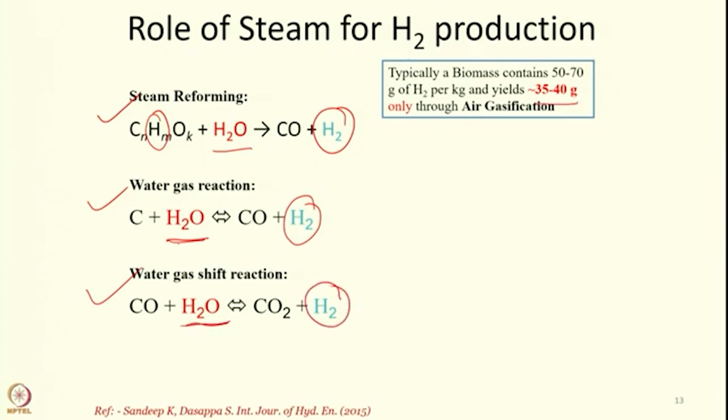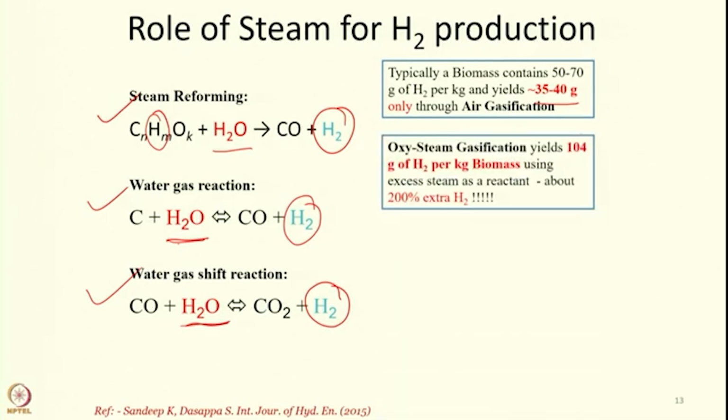Typical biomass air gasification is limited to 35 to 40 grams; here we can enhance it to more than 100 grams of hydrogen per kg of biomass, almost 200% extra steam. This is the beauty of the system, that we can use the carbon in the biomass to get the hydrogen.